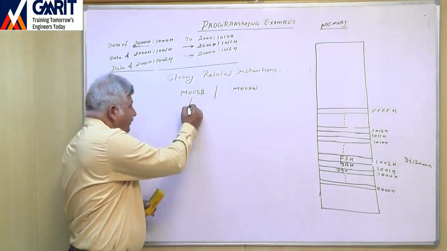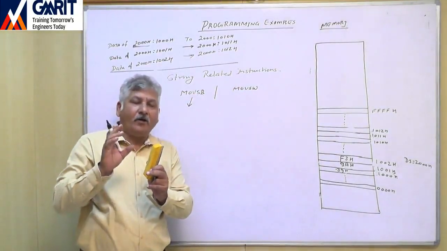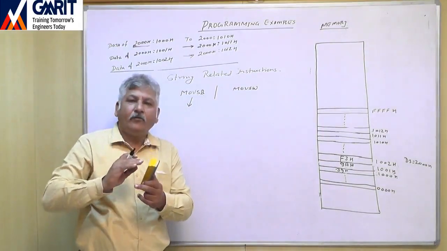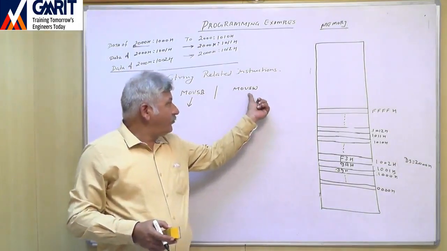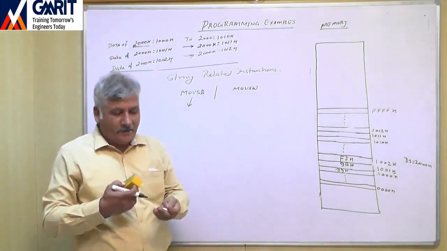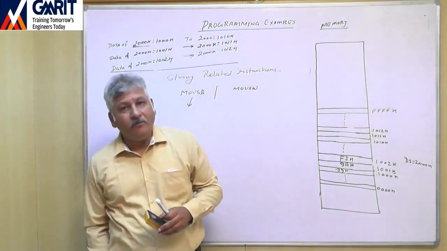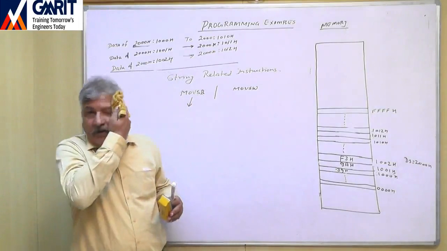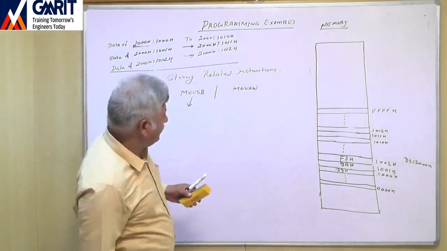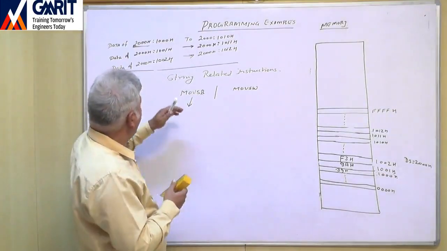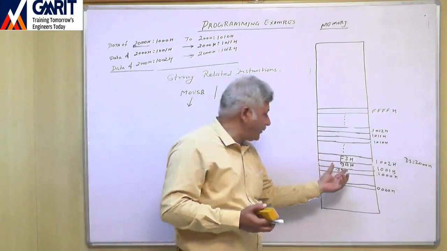MOVSB is used to move a string of bytes from one location to another location. MOVSW is used to move a string of words from one memory location to another memory location.